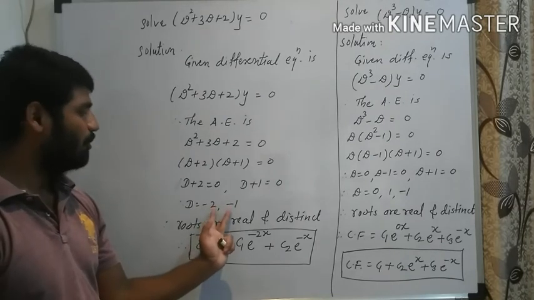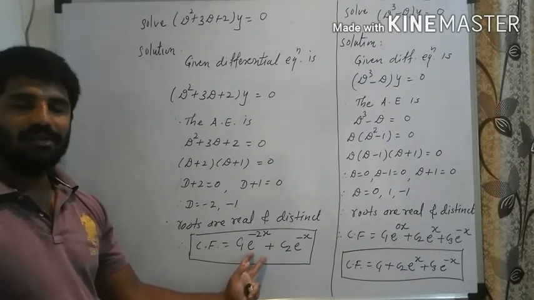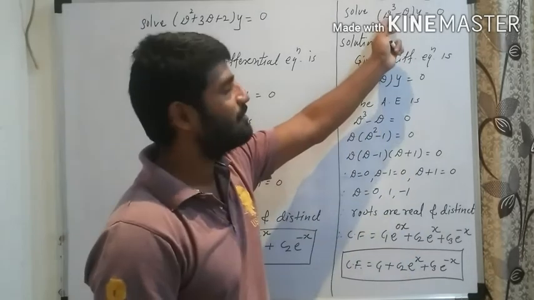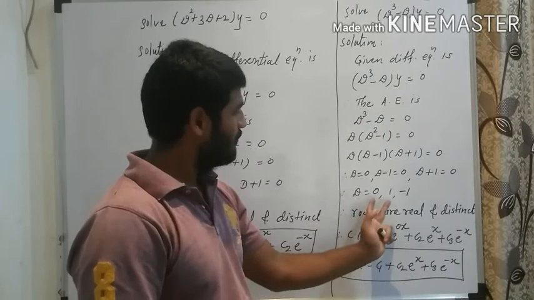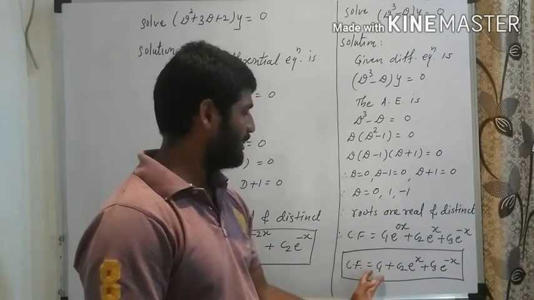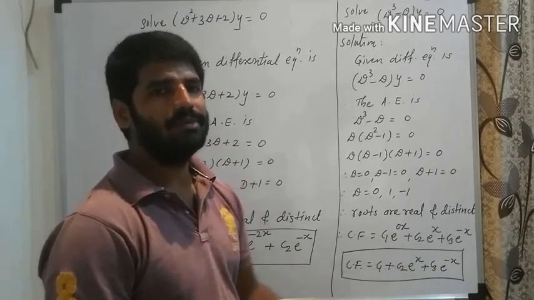And if number of roots is 2, then we have to take two constants in complementary function. Similarly here, 3 is the order of differential equation. Again, 3 is the degree of auxiliary equation. Therefore, we get 3 roots. Therefore, we have to take 3 constants, that is c1, c2, c3 to write complementary function.